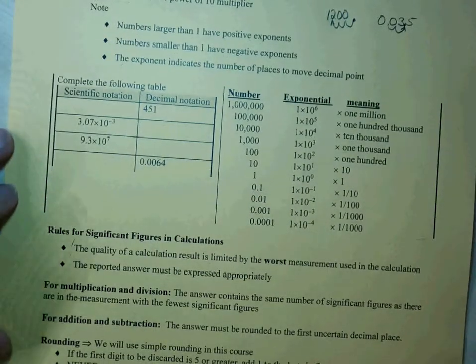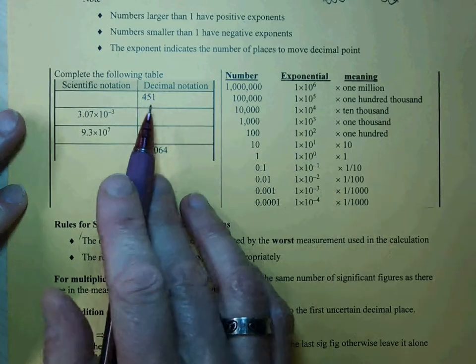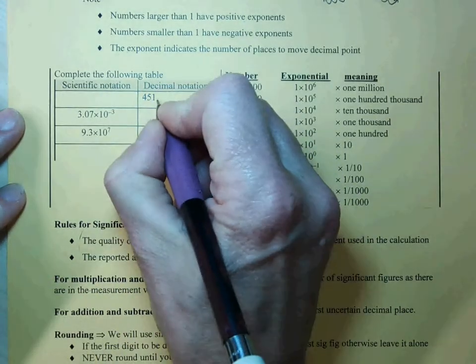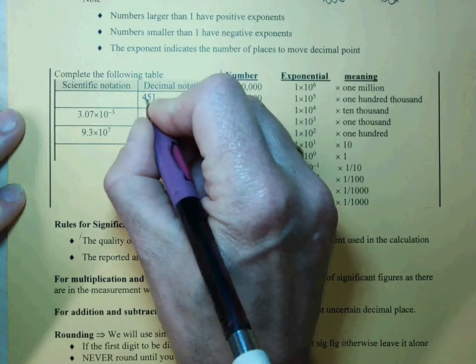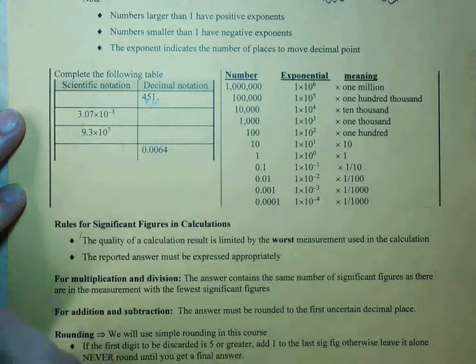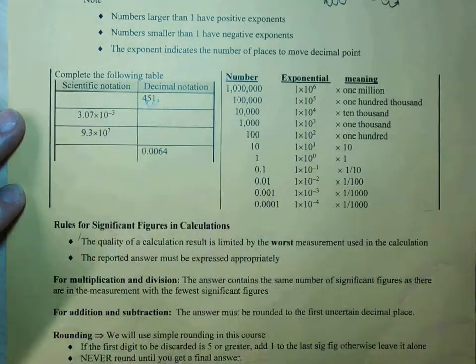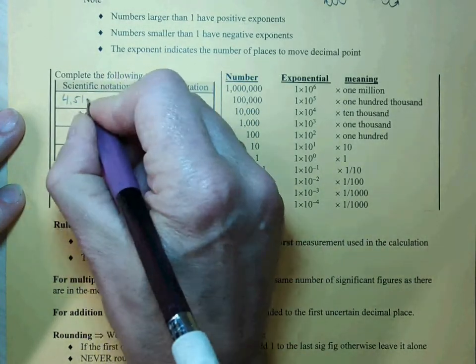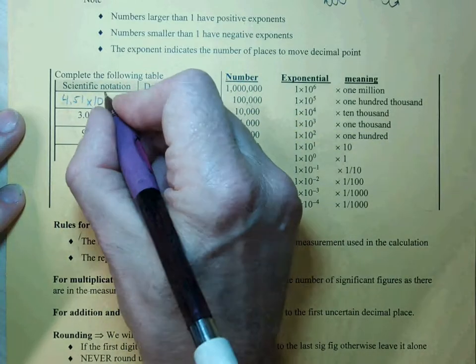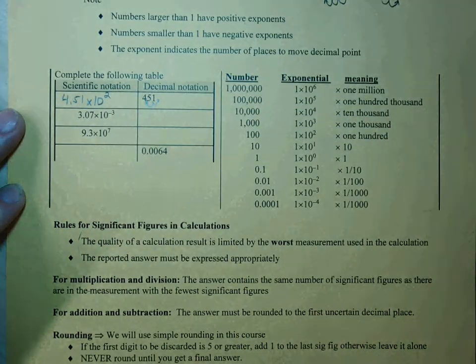Okay, so we can practice a little bit. The number 451 would have the decimal point in this location. We'd have to move it 2 spaces to get it between the 4 and the 5, so 4.51 is between 1 and 10. So our number is 4.51 times 10 to the second power.